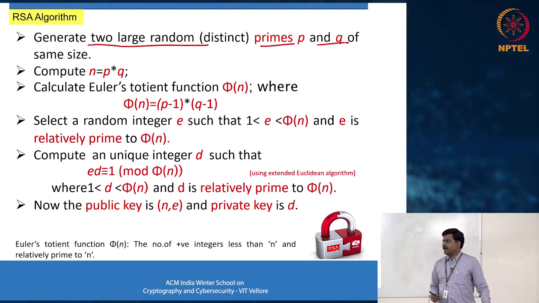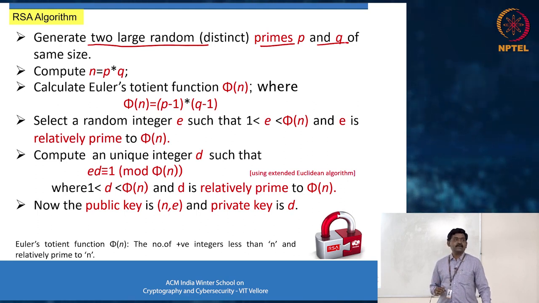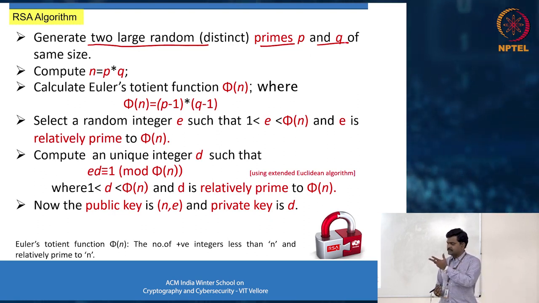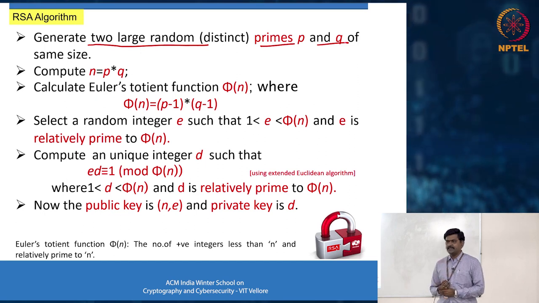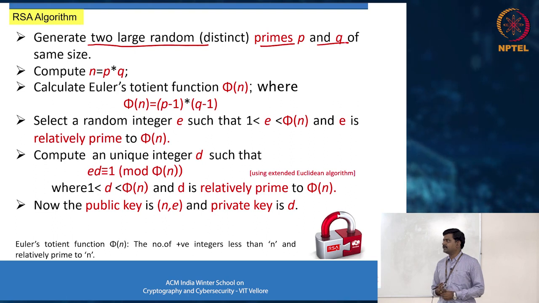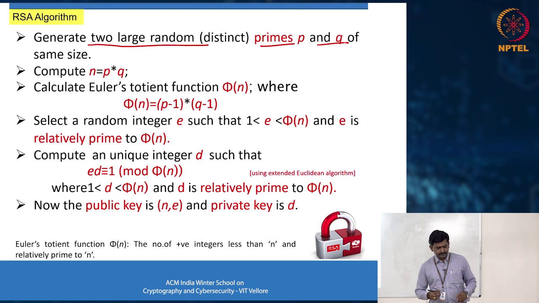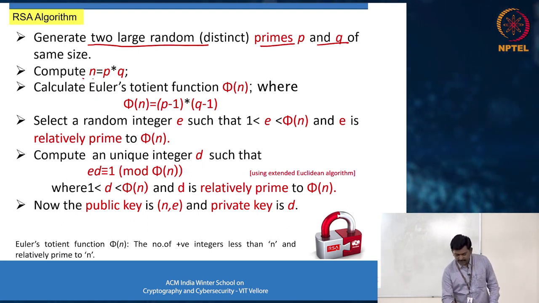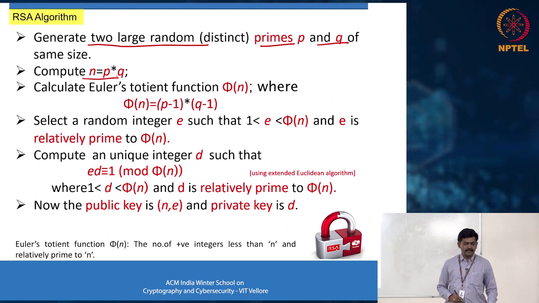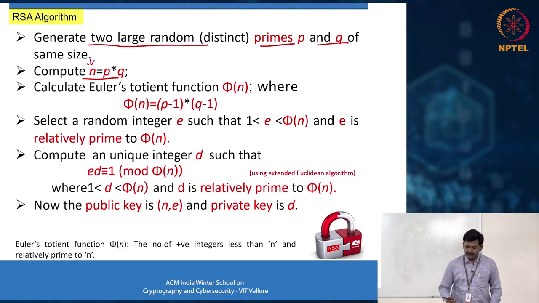In books you will always see 2-digit numbers like 17, whereas in practice they are numbers of around 200 digits. Then calculate the product of these two prime numbers and call it n.